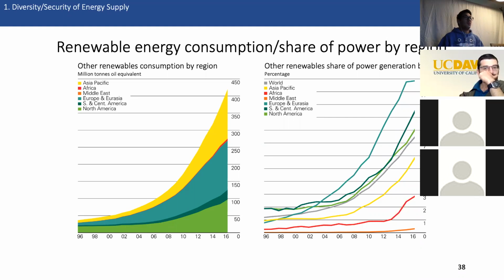Despite what I was showing before, where in the overall share of energy production and consumption it's pretty small, which you can see here, the percentage is anywhere between 1 to 10%, 12% at the highest. On the other hand, it is growing really quickly, and so there are some good things to see there.